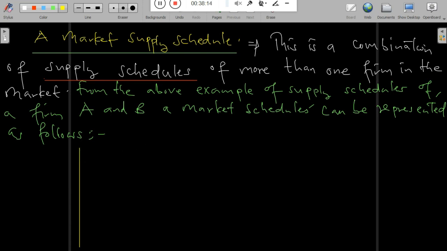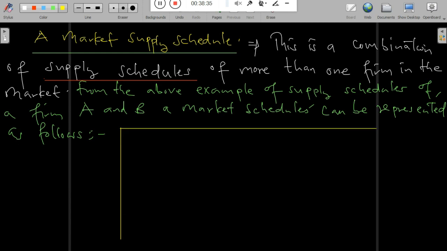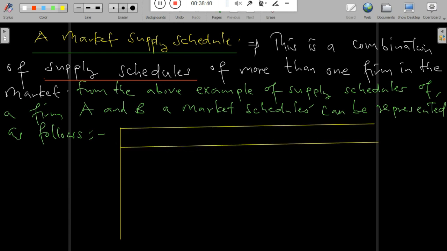So when you combine the two individual supply schedules, let's assume the first individual schedule is firm A and the other is firm B, you produce what is known as a market supply schedule.